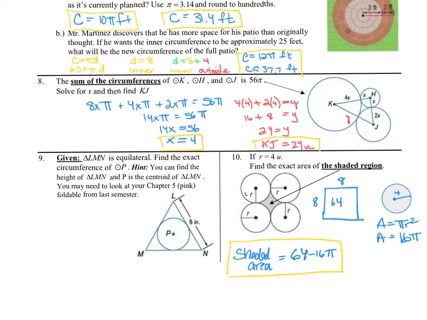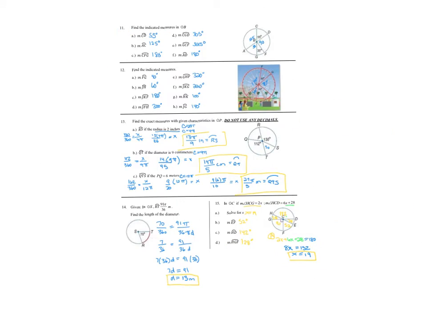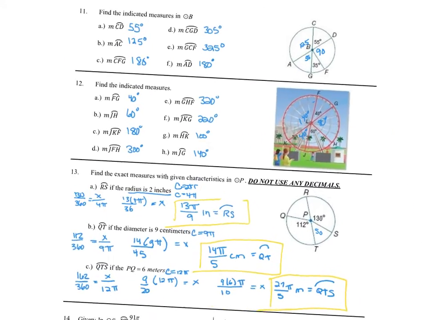And so the shaded area would equal 64, that's the square, subtracting out 16 pi. Since it said exact, I leave my answer as an expression. I don't put in 3.14 for pi.